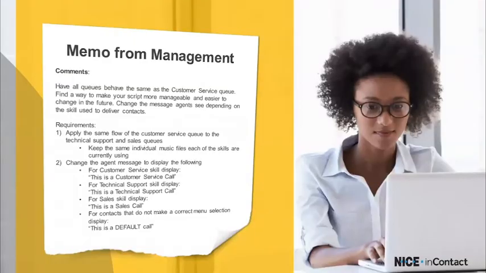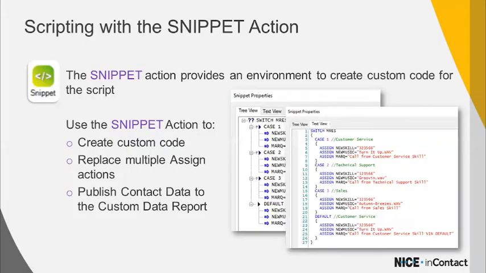So here it's telling us about using a snippet. Snippet is the action which provides an environment to create custom code. Snippet means it's a kind of menu option that I'm giving, or not exactly a menu, I'm using multiple cases.